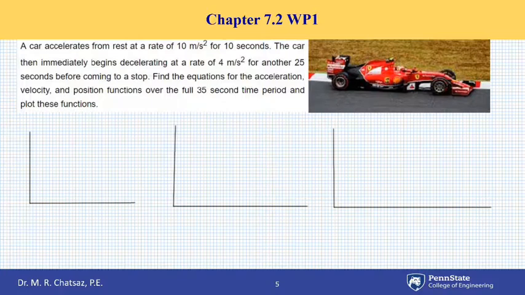So we got A on this axis, V, and lastly X as a function of time. Recall that acceleration was positive for the first part and negative for the second part, so this is how I'm going to graph it.